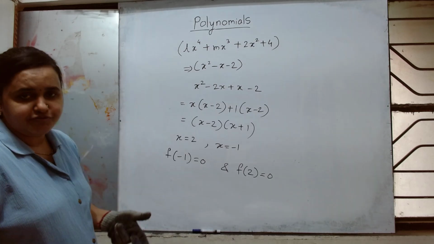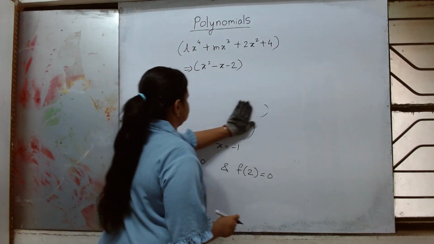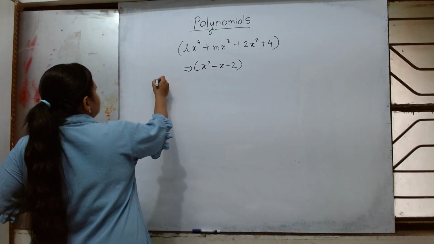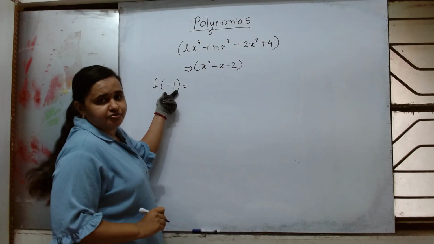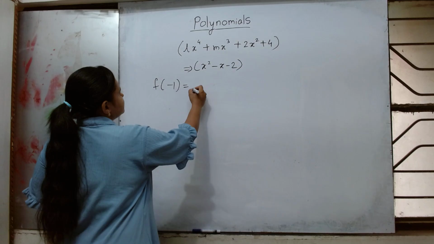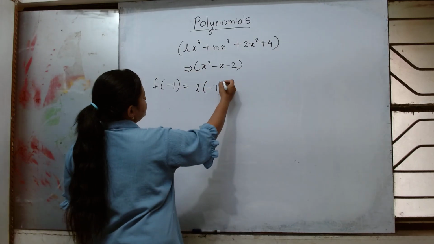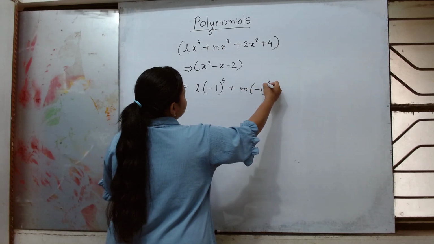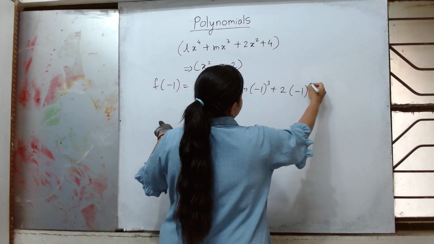Now we will find f of minus 1 first. Put the value of minus 1 instead of x. L x to the power 4 means minus 1 to the power 4, plus m x cube is minus 1 cube, plus 2 x square is minus 1 square, plus 4.